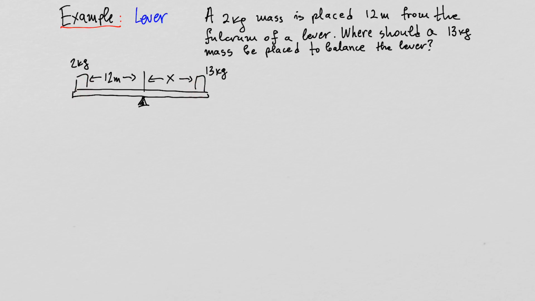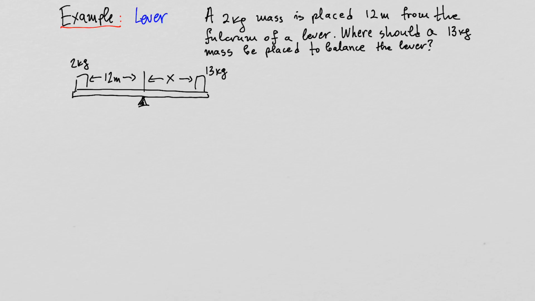So rotation is caused by torques. Therefore, this problem is about setting the torques due to the 2 kilogram mass and the 13 kilogram mass equal to each other. So that means I must determine the forces that are acting in this problem. There are two forces, and those forces are the weights of the two masses.